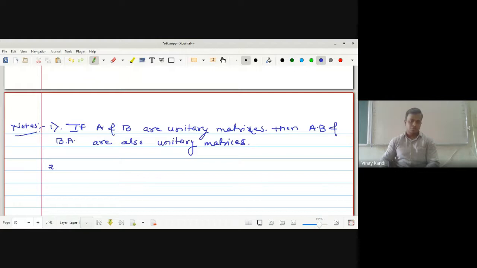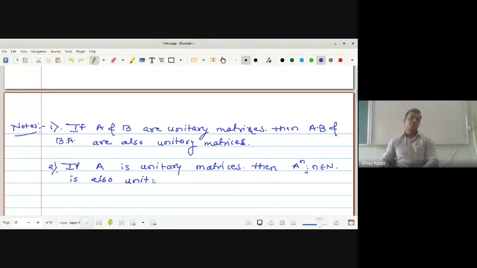Second, if capital A is a unitary matrix, then any power of A, that is A raised to n, where n belongs to natural numbers, is also a unitary matrix.